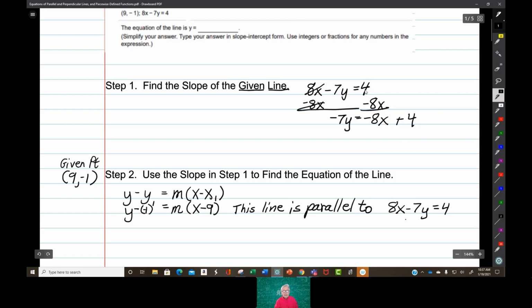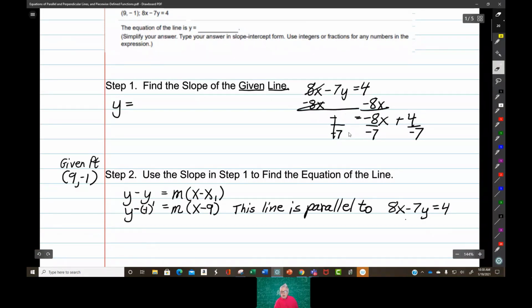I know that's positive because there's not a negative sign in front of it. All right, now to solve for y, I'll divide by 7 and divide by 7 and divide by 7. Boom, boom.